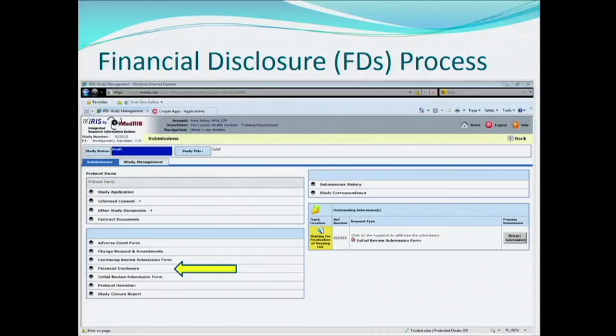For any studies that are funded, so sponsored, like pharmaceutical or federally funded, we need to have financial disclosures. Oftentimes you'll hear us refer to that as FDs. And there is a form that you can submit. This pointer is not working. There we go.